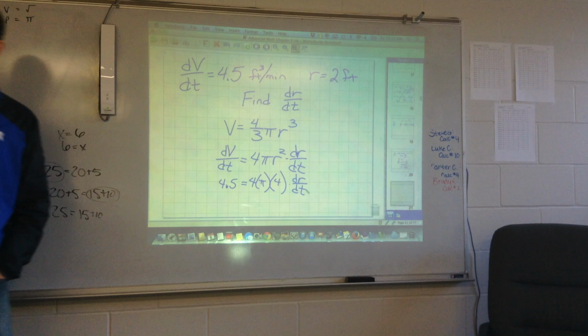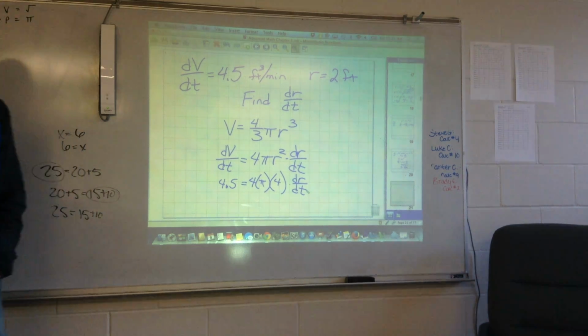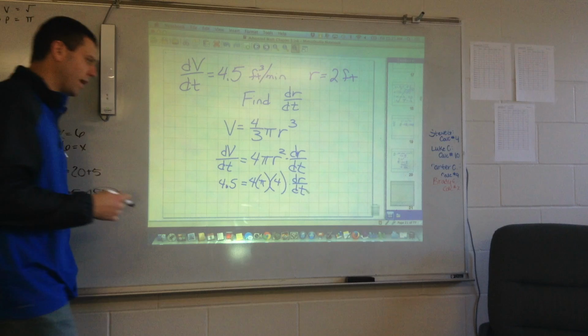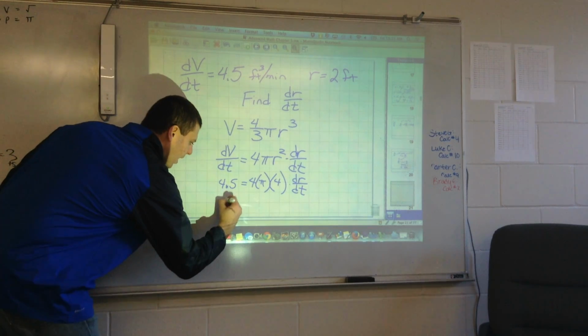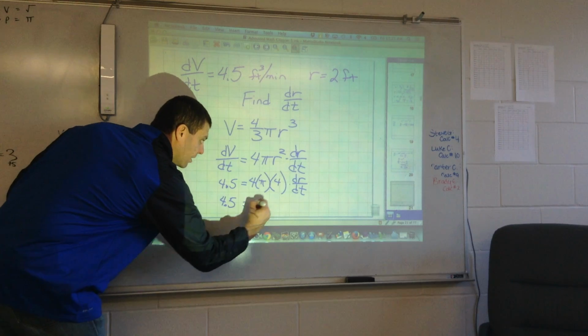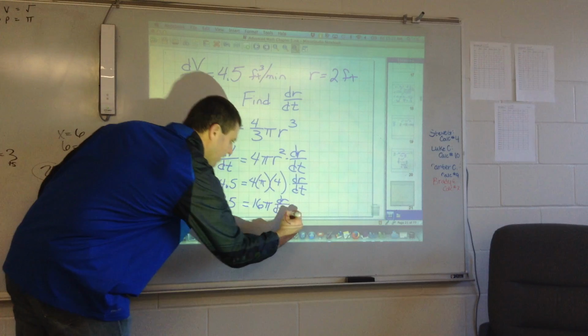So if I want my answer in terms of pi, that's probably why they used a fraction. You can figure out how to do that without a fraction on your calculator, but if not, it's fine. So I have 4.5 equals 16 pi dr/dt.